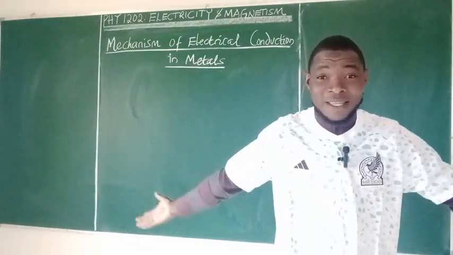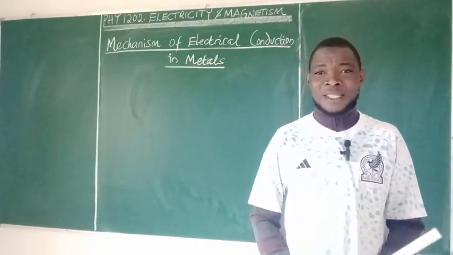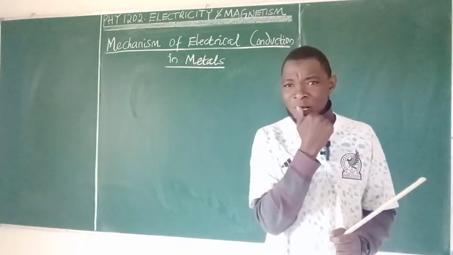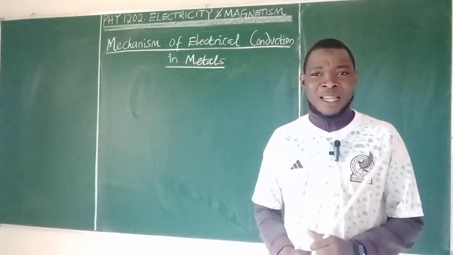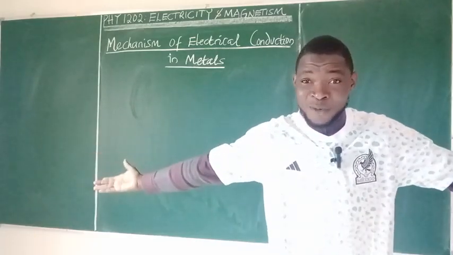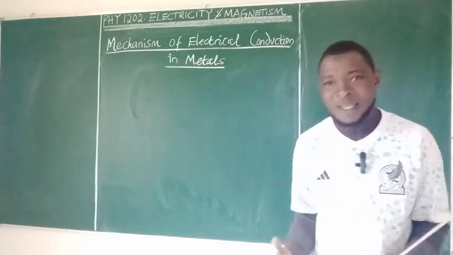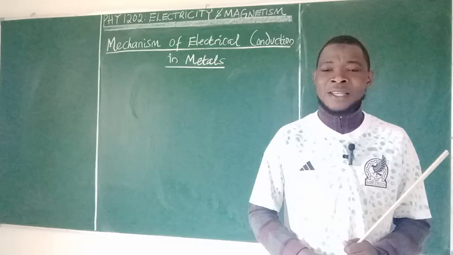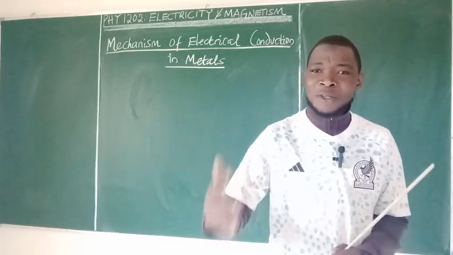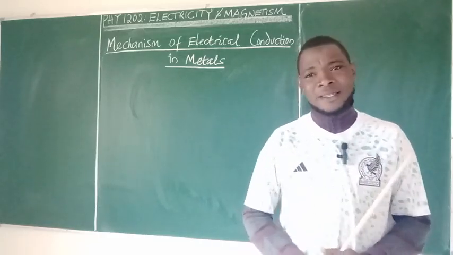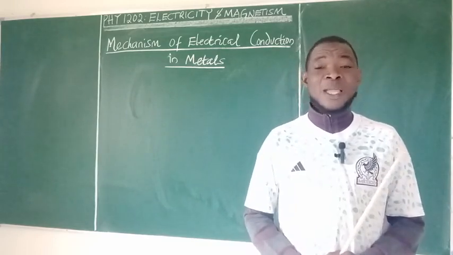We were told that without any explanation. The purpose of this class is to explain how metals are good conductors of electricity, how they conduct electricity. That is the purpose of this class.